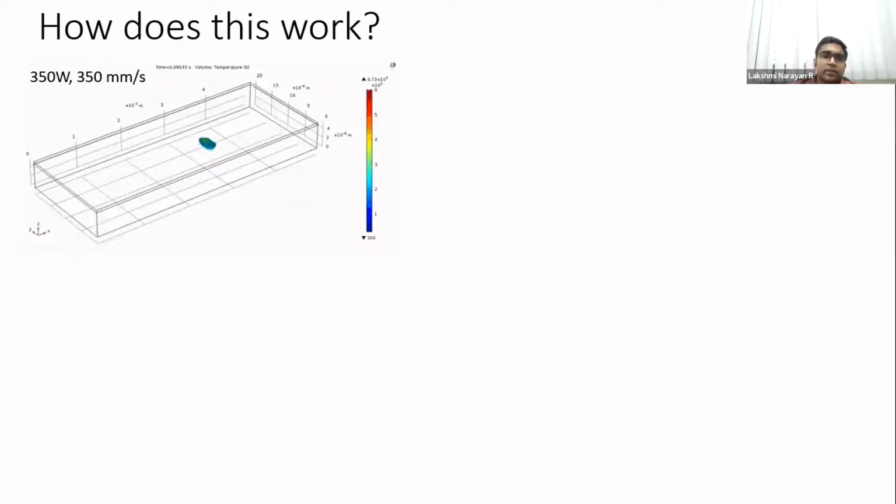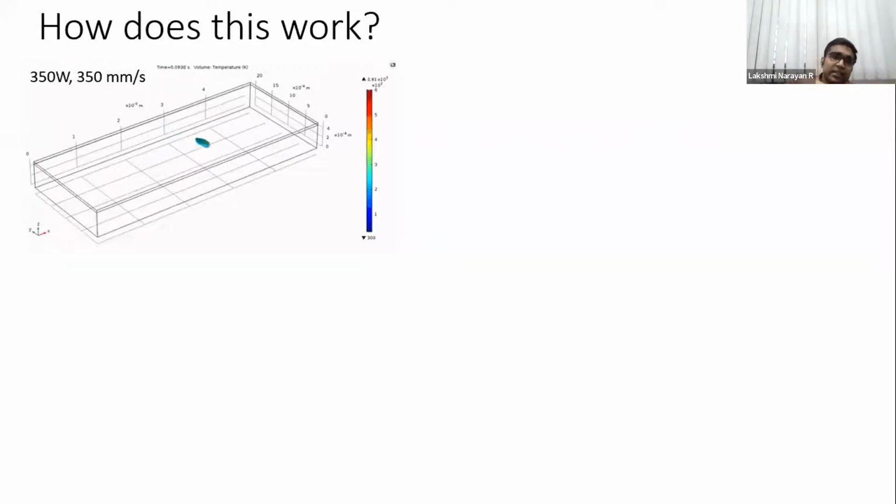Okay, and this particular signature that you see moving is essentially the heat signature. But you could also assume that the heat signature is going to be the same as that of your melt pool, right? So your melt pool is also going to appear like this, because wherever you're heating, you're assuming that your melt pool is going to form, or the material is going to melt in this particular region.